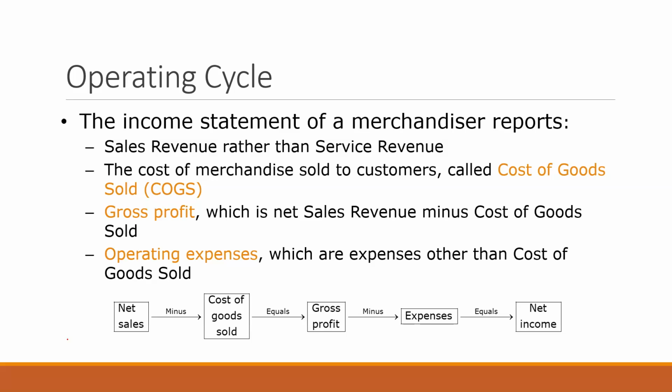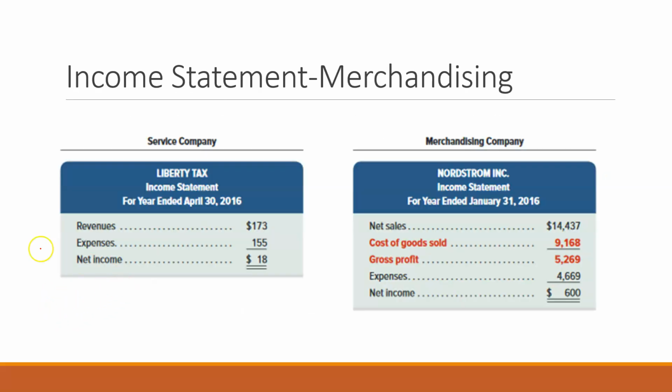So now we have an income statement which, instead of revenues minus expenses, starts with sales minus cost of goods sold. And then we subtract our operating expenses. So we can see when we move from a service company of revenues minus expenses to a merchandising company, we're going to have sales minus cost of goods sold equals gross profit.